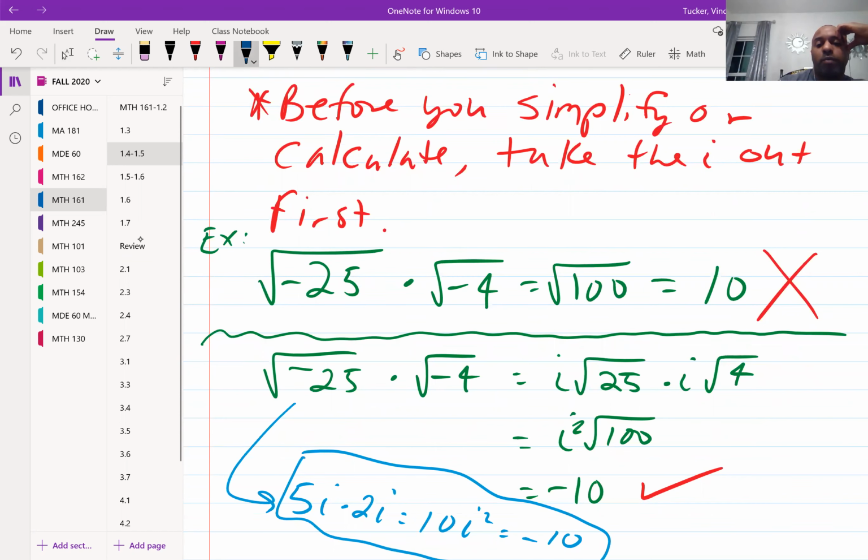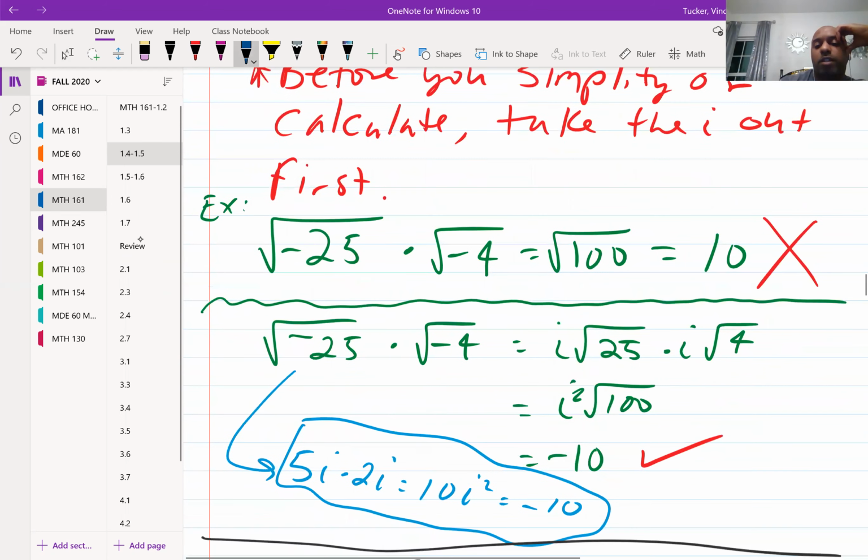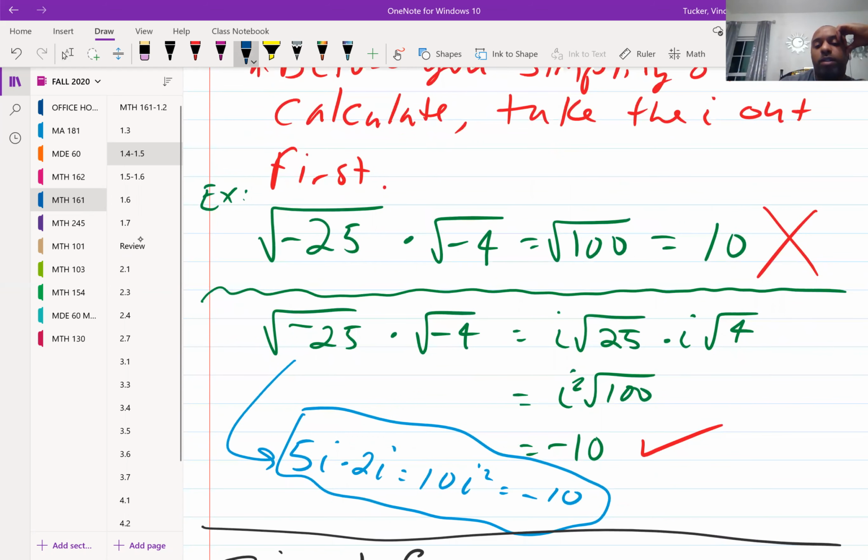So when you look at the square root of negative 25, bring the i out. Square root of negative 4, bring the i out. So that's i square root of 25, i square root of 4. Multiply those together. i squared, 25 times 4 is 100. i squared is negative, square root of 100 is 10. So that's the answer, negative 10. The other way of doing this, because we can simplify the square root of 25 and the square root of 4, is what I have over here in the blue. 5i is the square root of negative 25. 2i is the square root of negative 4.